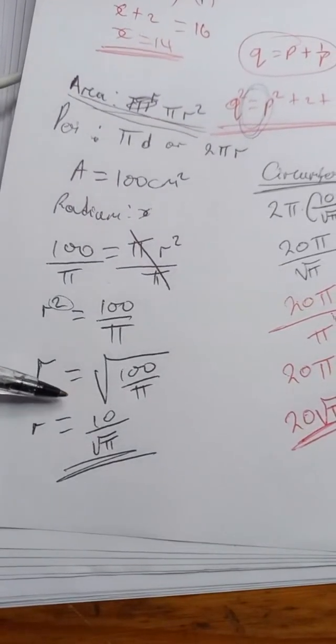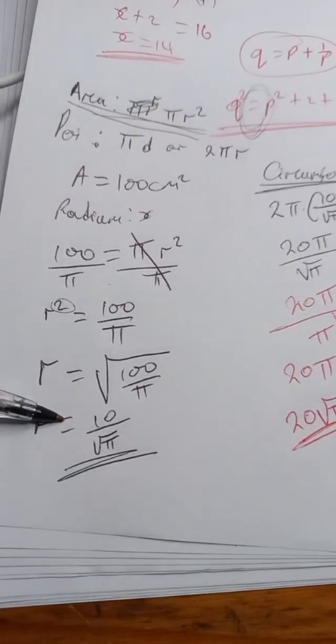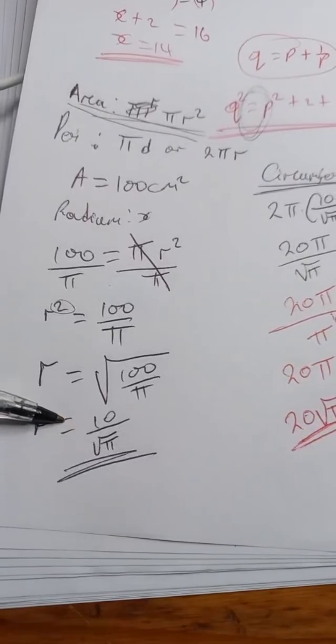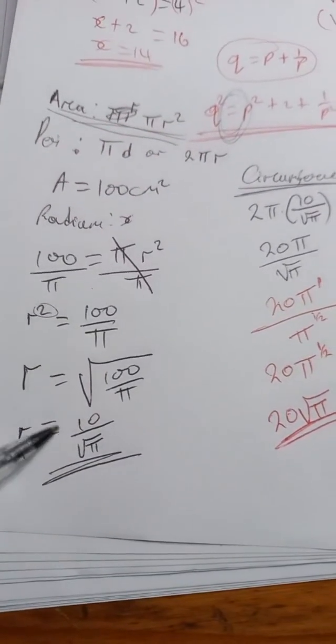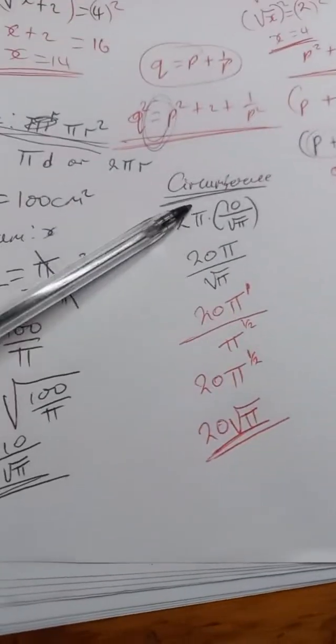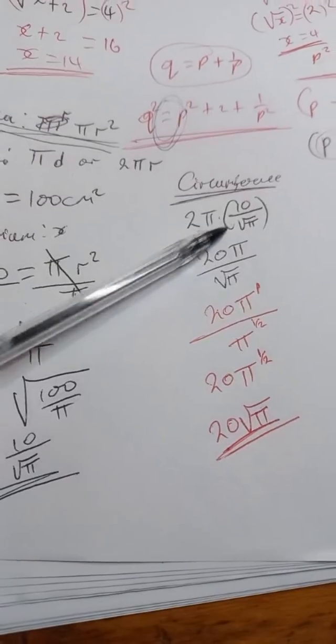After calculation of the radius, we use that same radius to calculate our circumference, 10 over square root of pi.